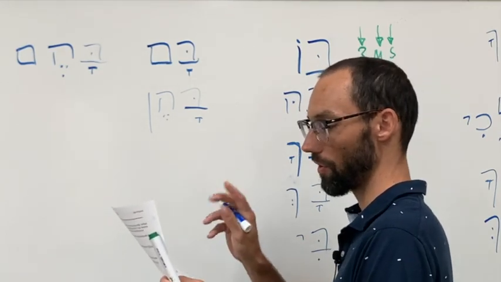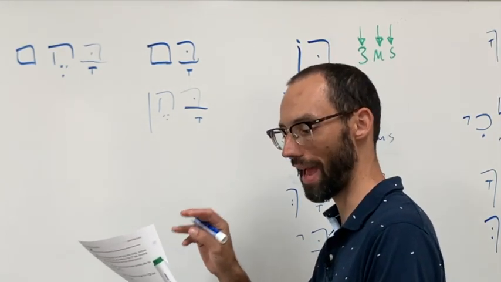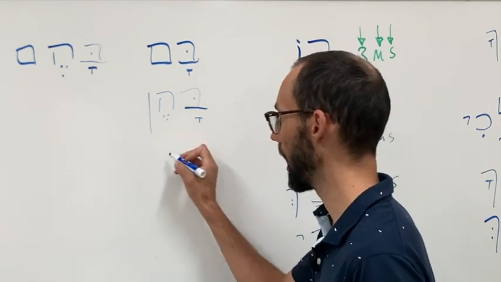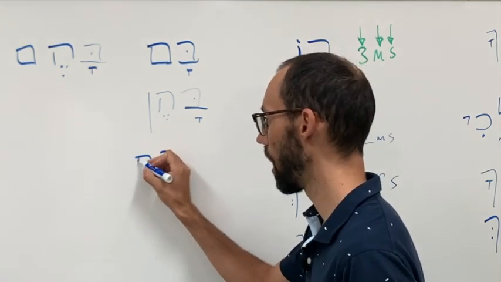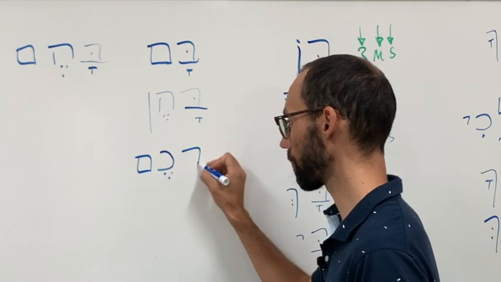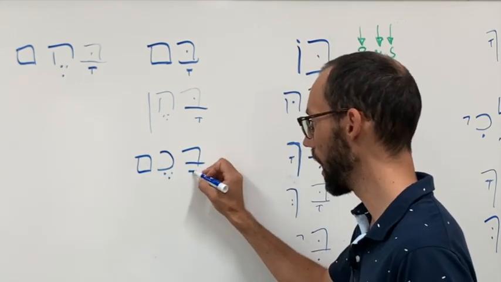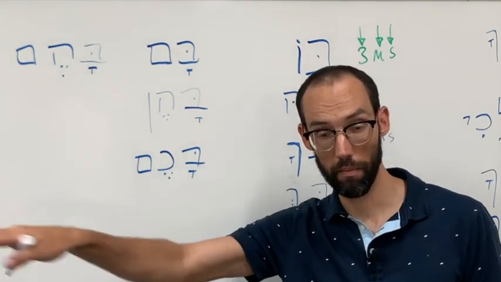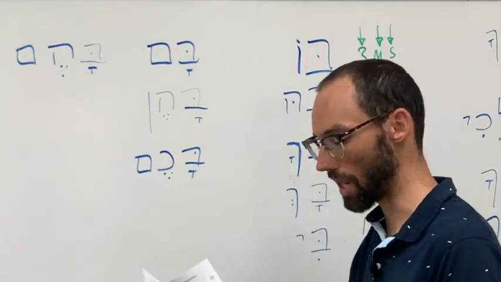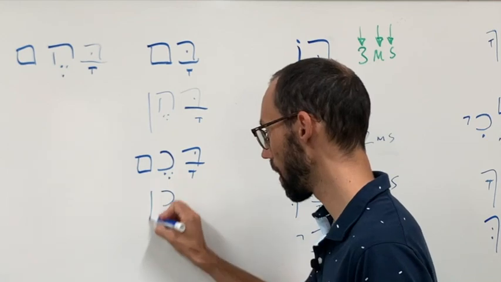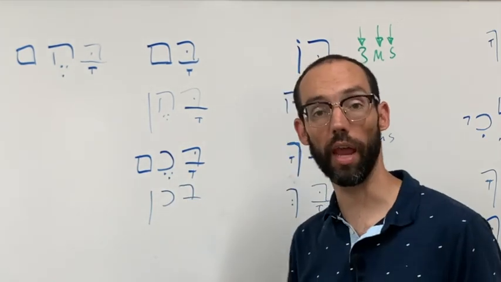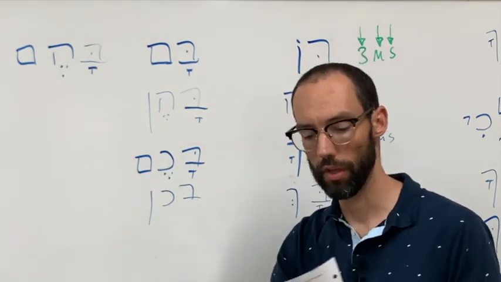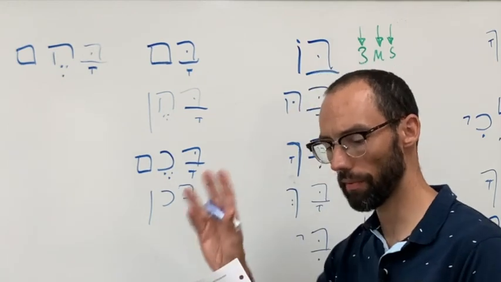The second person plural masculine is kem. So if you say bakem, you're saying with y'all men. And if you say baken, you're saying with y'all women. So it's a second person plural talking to females.